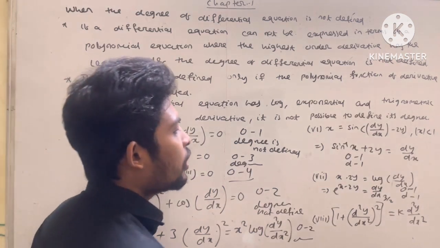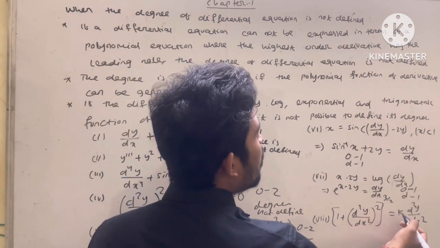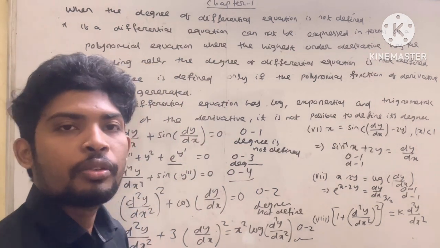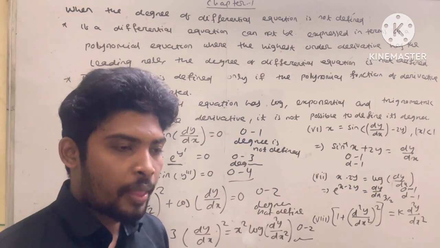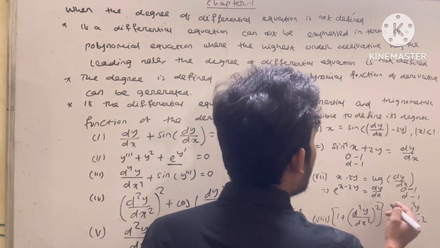Look at this: 1 plus (d²y by dx²) whole to the power 3 by 2 equal to k into d²y by dx². Any differential equation should be free of fractions, so we square both sides.